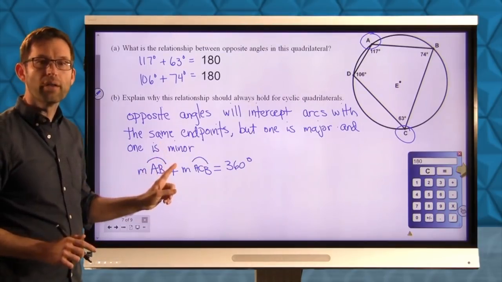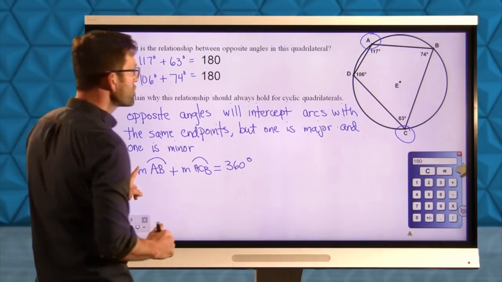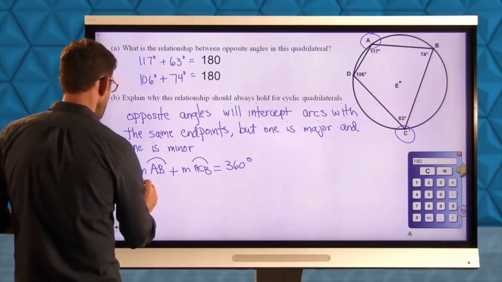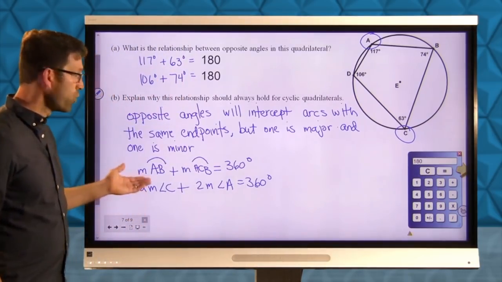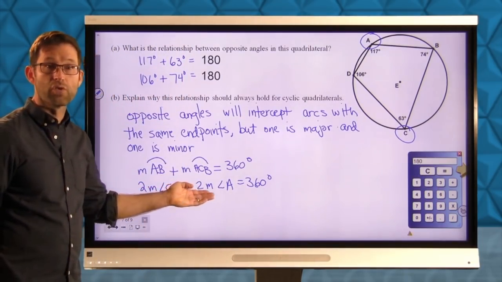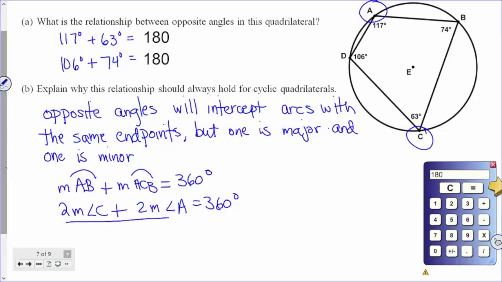But keep in mind that the measure of arc AB will be twice the measure of angle C. The measure of arc ACB will be twice the measure of angle A. And if twice the measure of C plus twice the measure of A is 360, then I can just divide both sides of this equation by 2, and I find the measure of angle C plus the measure of angle A must be 180.